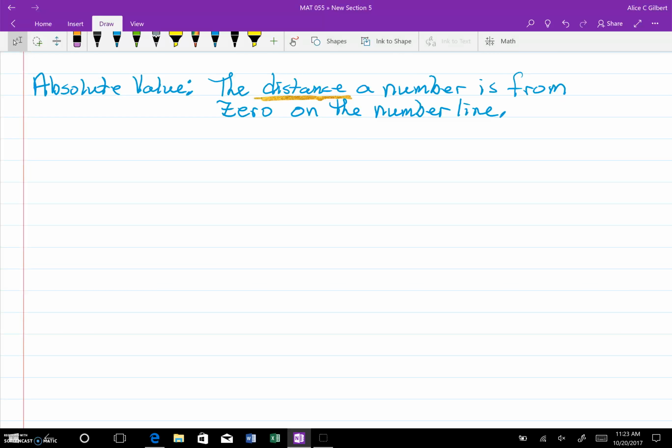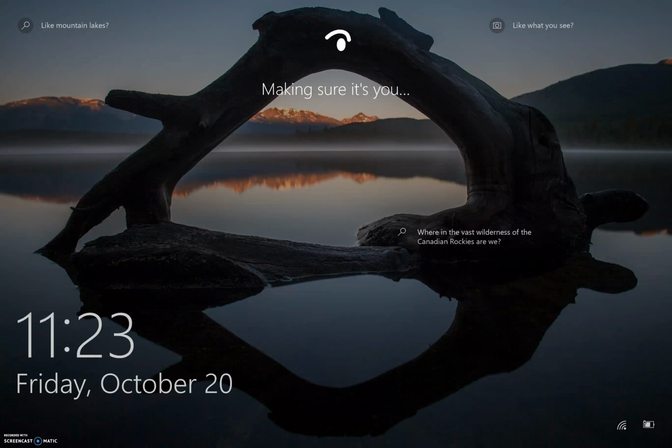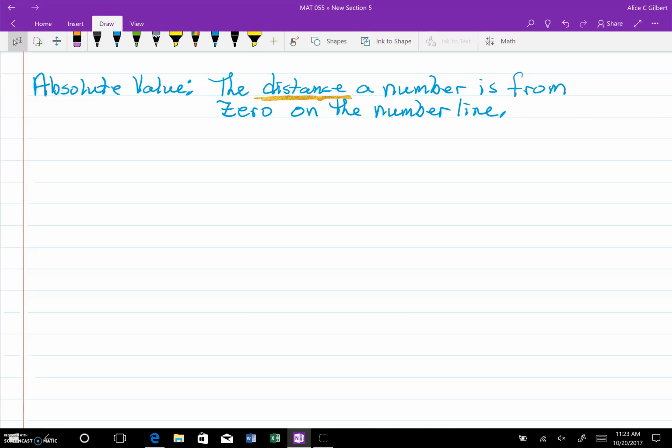Distance is always positive. In order to do absolute value, we show that by doing bars. These are called absolute value bars.